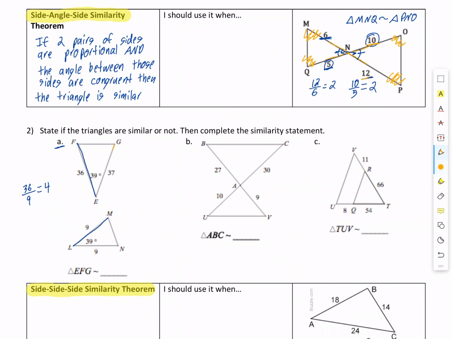And then we would look at GE, which is 37, and NL, which is 9, and that's not equal to 4, because 37 divided by 9 is not equal to 4. So these are not similar.